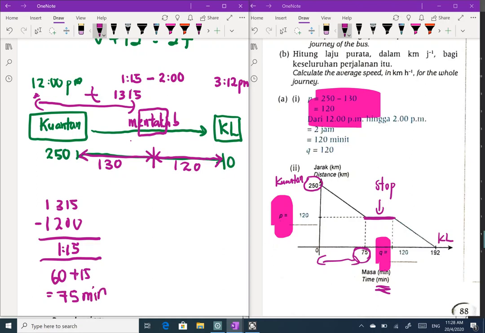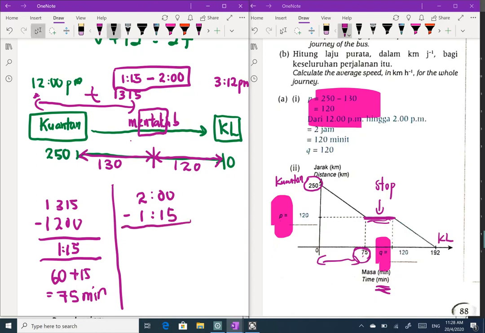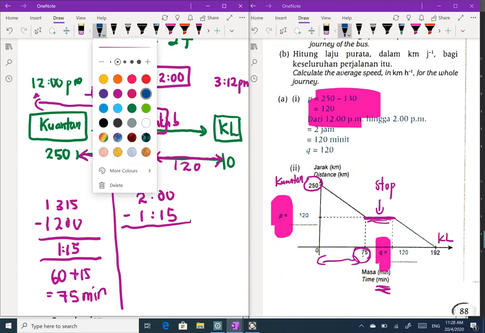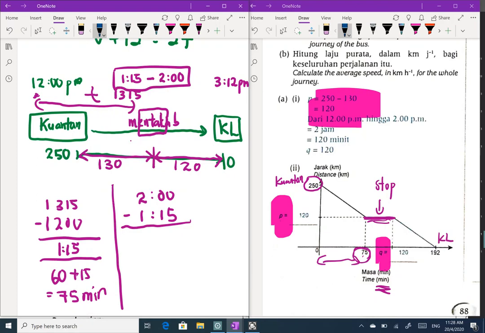Okay, I know. I rest here. 我在这里休息。I stop here. I stop for how many minutes? So 2 p.m. minus 1:15. Okay, 2点减掉1点15。Okay, so not enough.